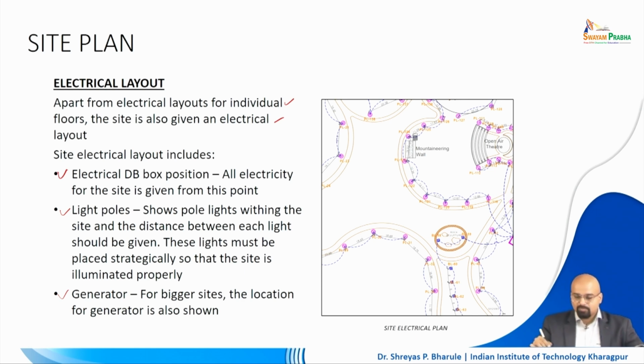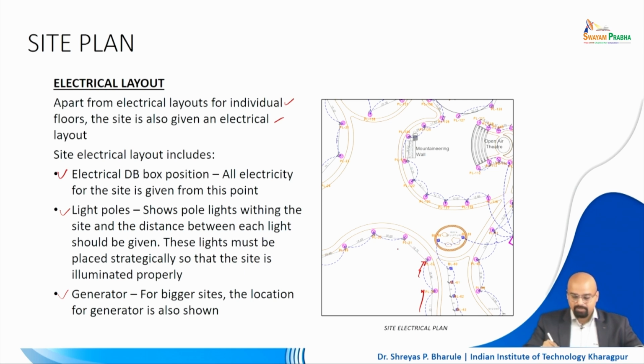Now this is just a small snippet of an electrical layout, say in case of a landscape area which has a lot of exterior. So what happens in that particular case is you have your main box which is here, right? So your distribution is coming here, and these lights are connected in series. So all the dotted lines which you see, here is where this particular line ends. It goes from here to here and it ends here. There is no line connecting this point and this point, right?